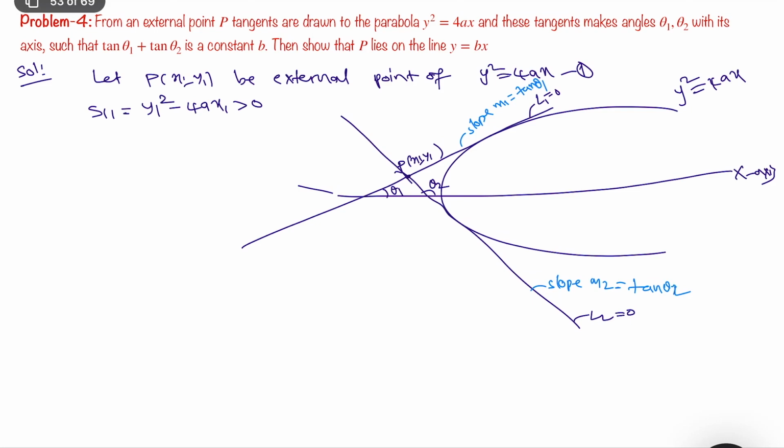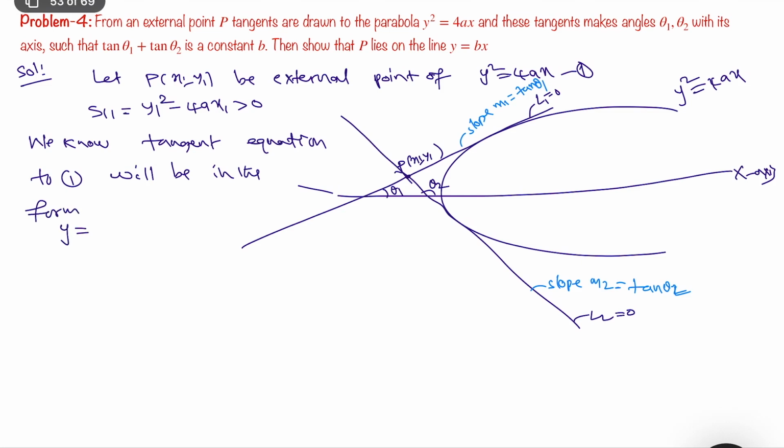Okay, fine. What is given here? It is given that tan theta 1 plus tan theta 2 is constant b. We know that the tangent equation will be in the form y equal to mx plus a by m. Okay, let's call it 2.